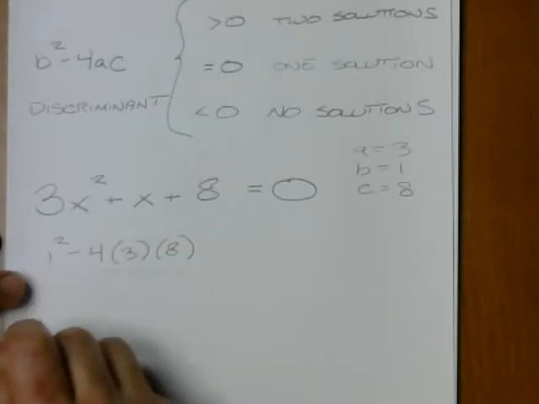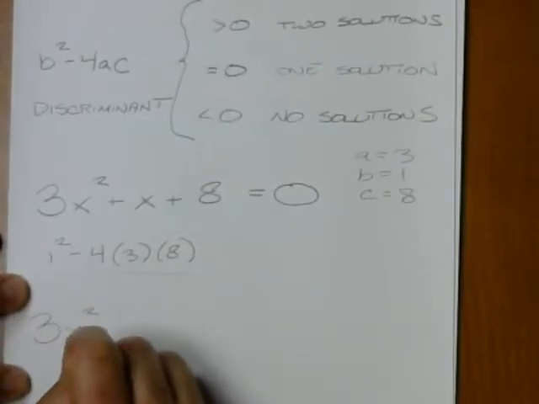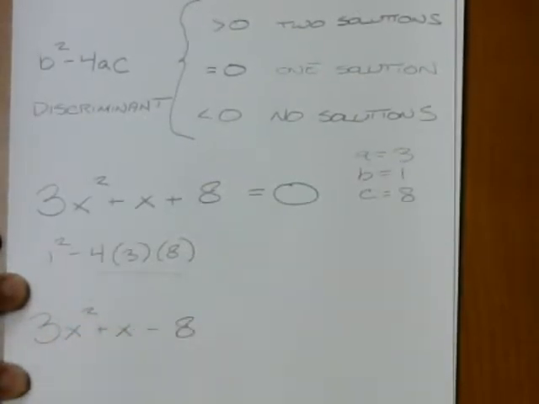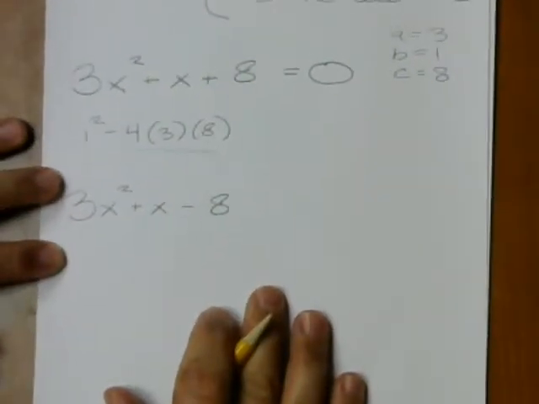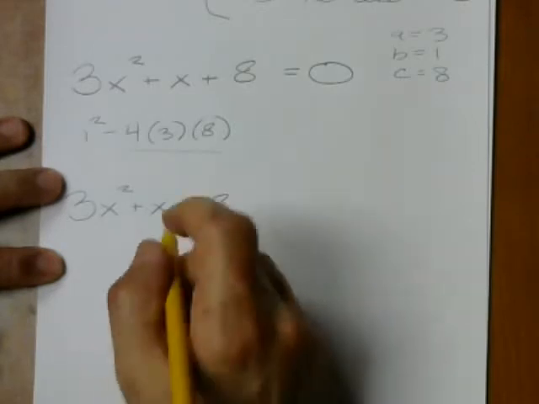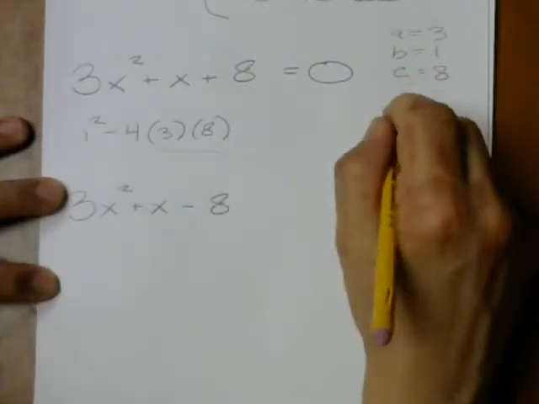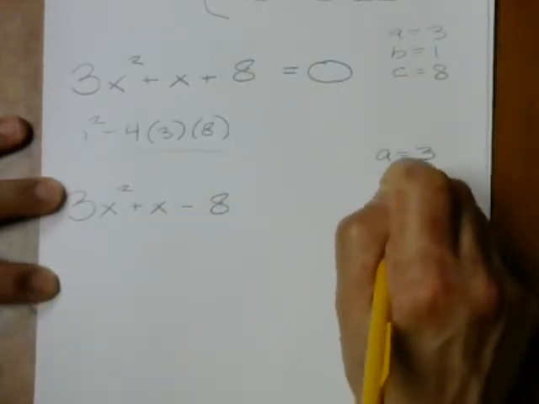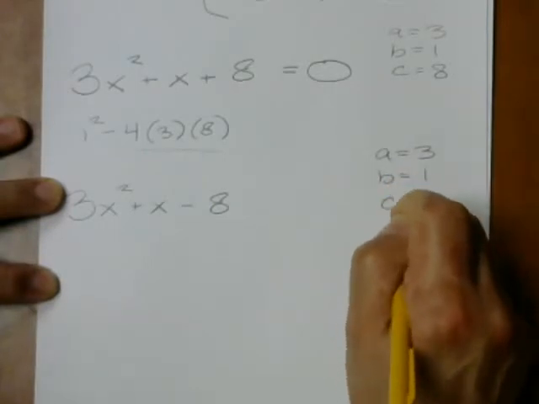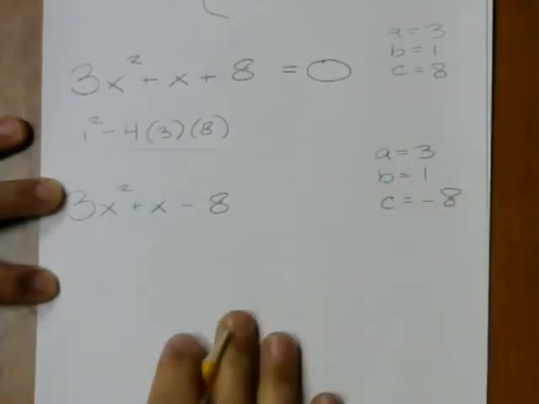However, remember we also looked at 3x squared plus x minus 8. And that would have a discriminant of b squared minus 4ac. So I would get b squared. So now we have a equals 3, b equals 1, and c equals minus 8.